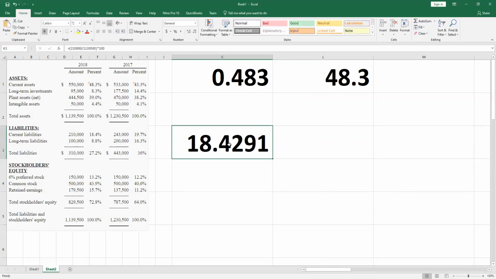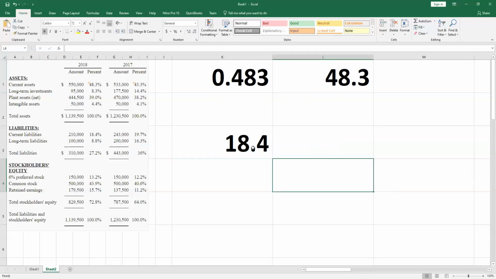So you get here 18.42. So I have done it directly here. Here I was multiplying by 100 in one more step.